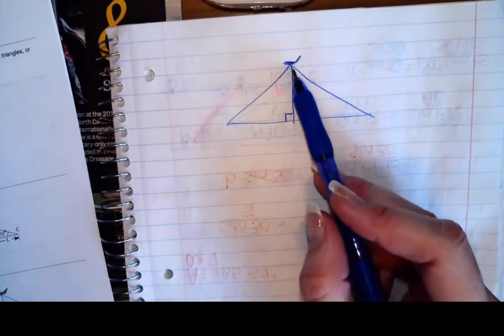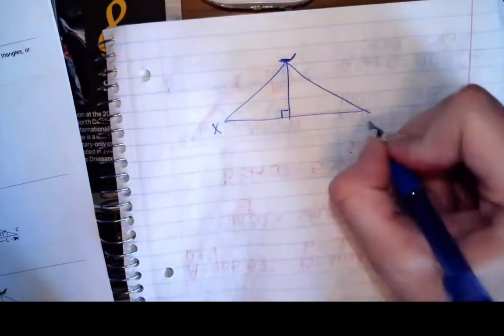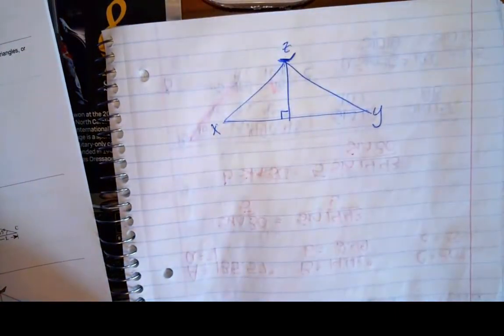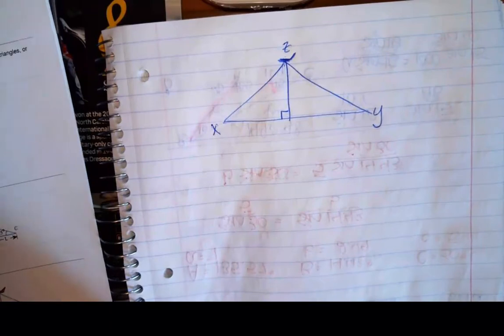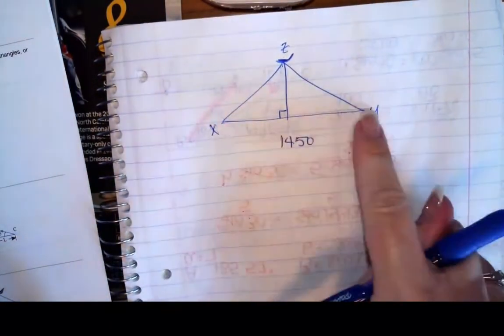All right. So I'm told an aircraft at Z, right there, is going to be spotted by 2 observers at X and at Y. So this is Z up here, who are 1,450 feet apart. So this length in total is 1,450.